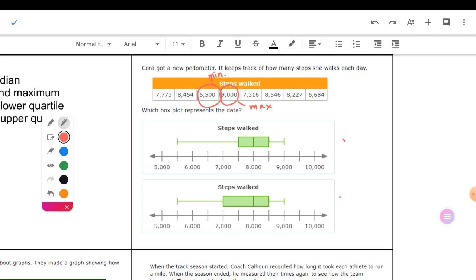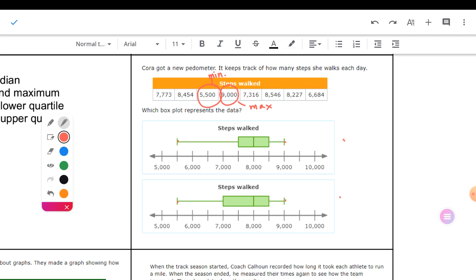Kendall? Yeah, they both have the same minimum and same maximum. Could we say that that number right there is 5,500 and this one right here is 9,000 on both of them? So does that help me on this particular problem? No, but sometimes that'll be enough. One of them will have the wrong maximum or the wrong minimum, and you'll already have your guess.